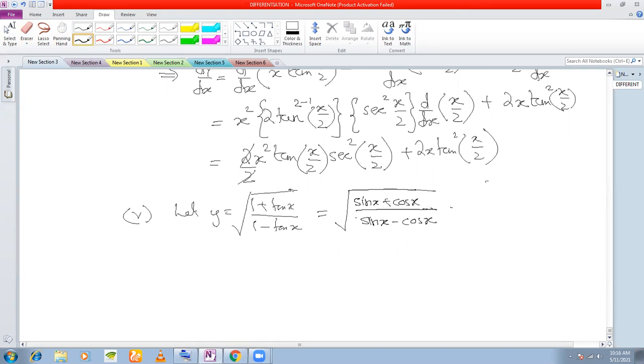Once you get this, you can divide both sides by cos, in the usual manner. This can be written as tan x plus 1 by tan x minus 1, isn't it? So now I can write this as 1 plus tan x. Oh, this is already okay.